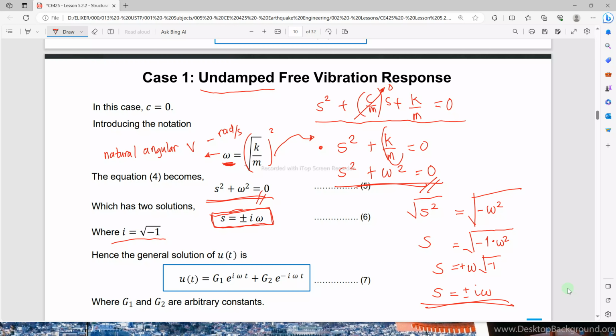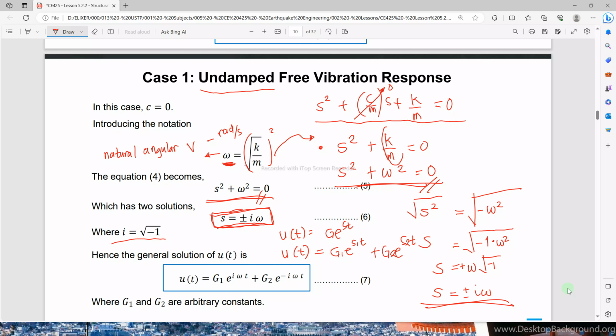So if we substitute that, since we know that u of t is equal to G e to the s t, and since we have two solutions for s, the positive and the negative, we have G1 e to the s1 of t plus G2 e to the s2 of t.